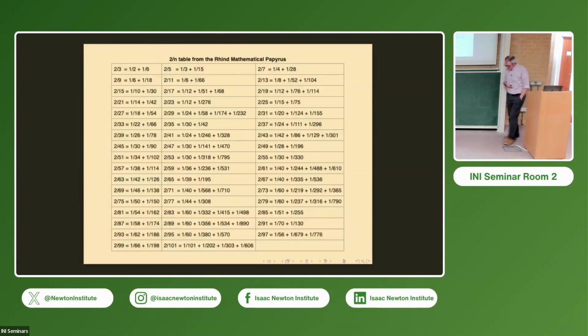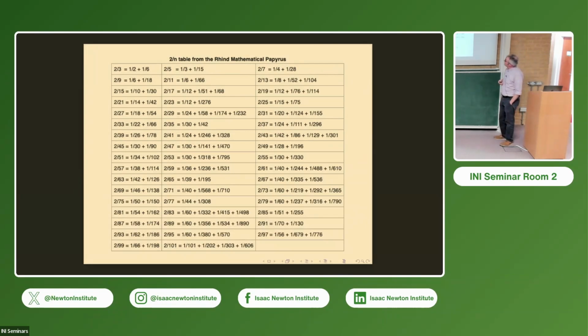And you also see similar things going on in reference to this table, and it might be a table that people are vaguely familiar with. So this is a table that takes up most of the recto of the Rhind Papyrus.